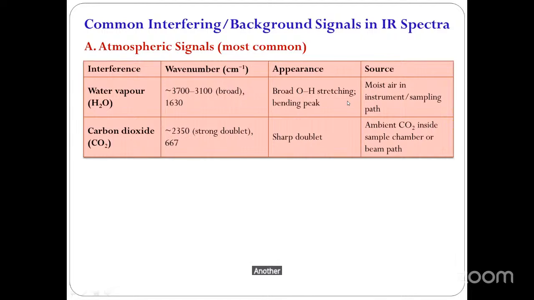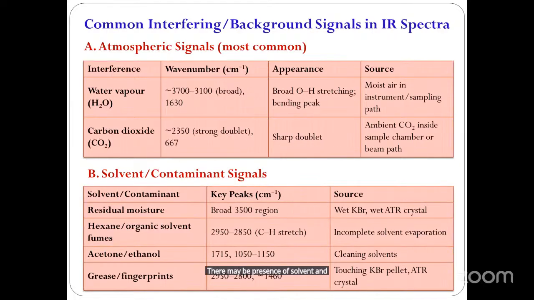Another signal that may occur due to water vapor is due to bending vibrations that occur close to 1630. And carbon dioxide gives a signal close to 2300 reciprocal centimeter, due to the presence of CO2. There may be presence of solvent and contaminant signals.